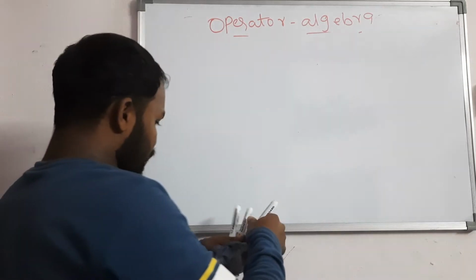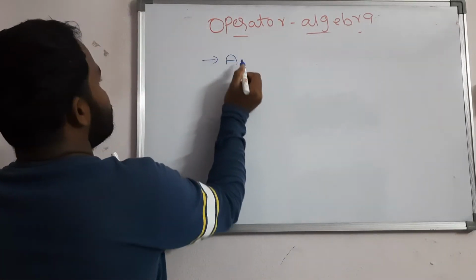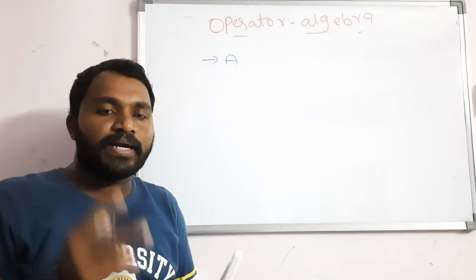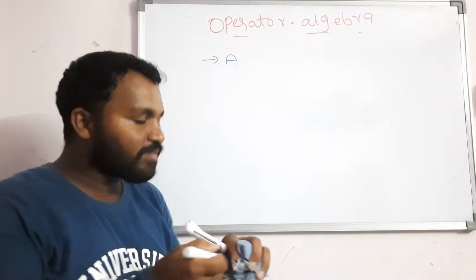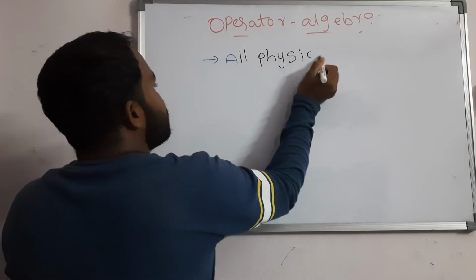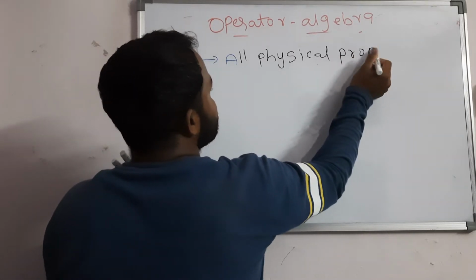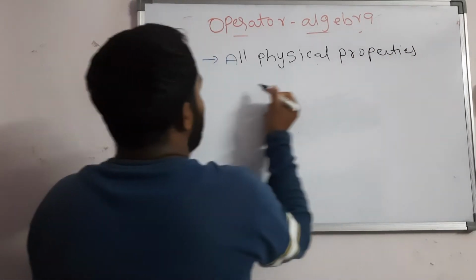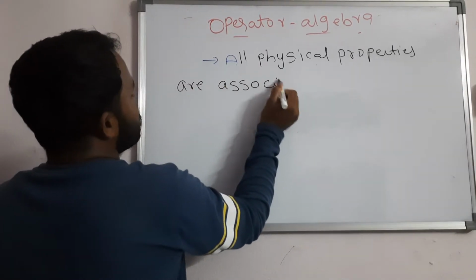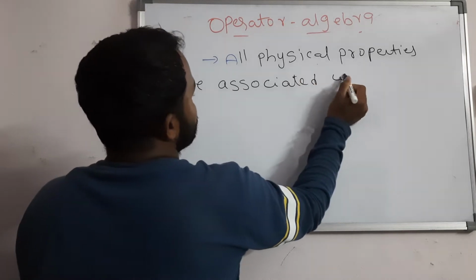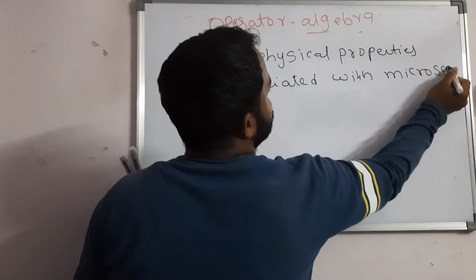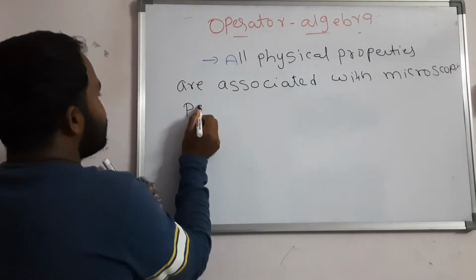You should write: all physical properties associated with microscopic particles are called dynamic variables.